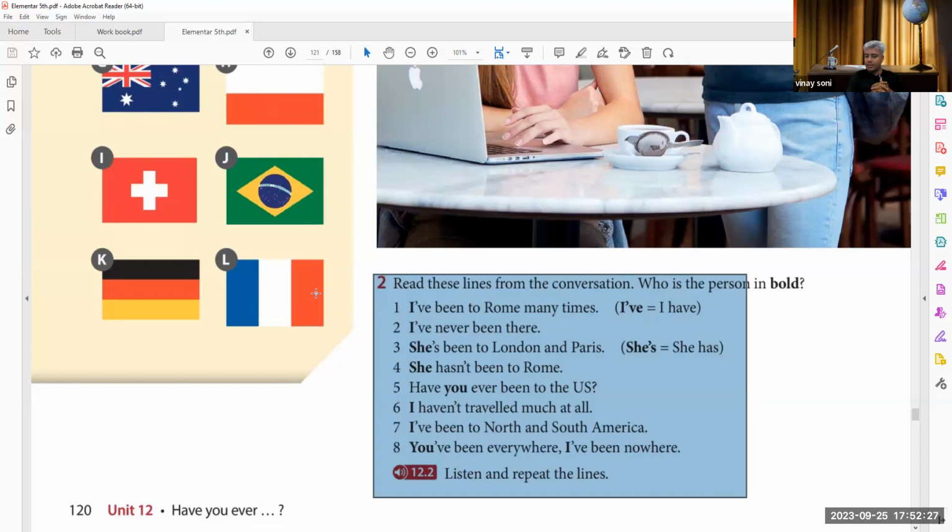Don't you think it is just a question form of the same structure? Take a look. I means I have. You means you have. Right? She means she has. Okay, so have you is the question form of the same structure, is it not? Question form of the same structure. Okay, any other sentence which you think is different from the rest?